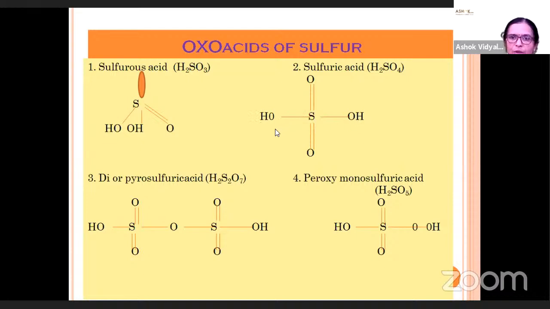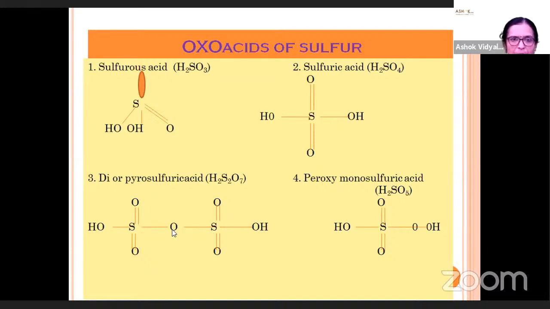This oxo acid has at least one sulfur-oxygen double bond and one or two sulfur-OH single bonds. Then the next oxo acid is disulfuric acid, also called pyrosulfuric acid, which has the molecular formula H2S2O7. In this, as there are 2 sulfur atoms, they are bonded through a bridge of oxygen: sulfur, oxygen, sulfur.